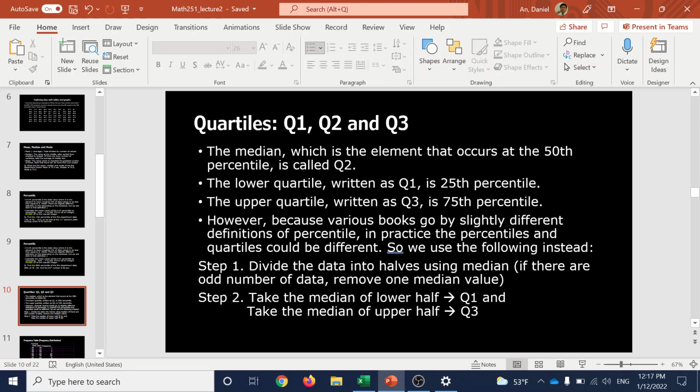Now there are cases when you have an odd number of data. In that case, you delete the middle one and you take the Q1 and Q3 separately. All right. So now let's try to find the Q1 and Q3 from our data.